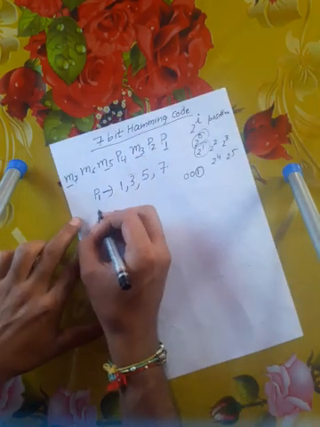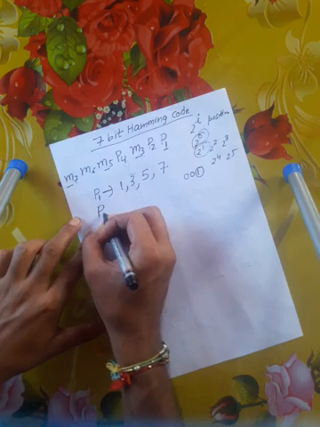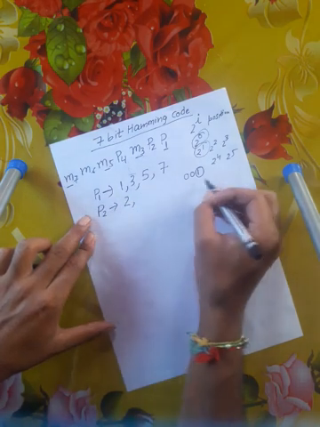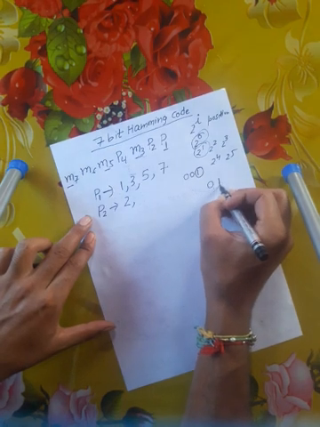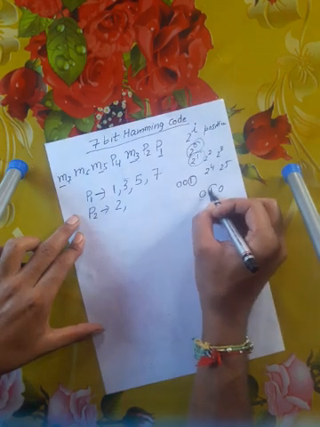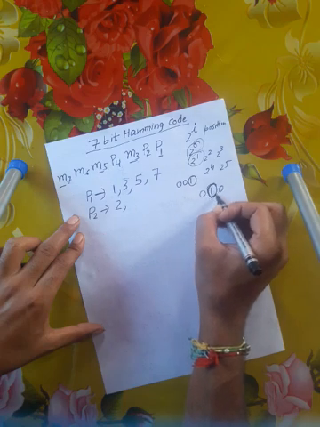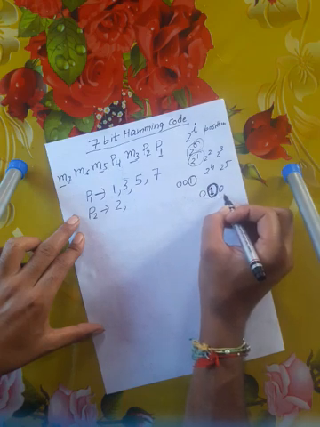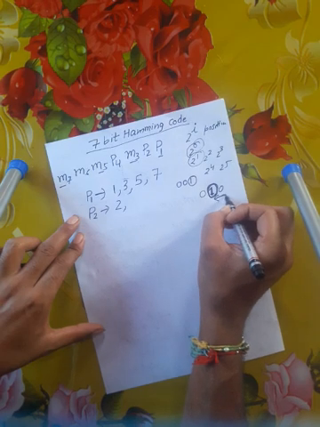Now, P2 will be responsible for 2. Just write down 0, 1, 0. Where there is 1 in the second position, just check this.